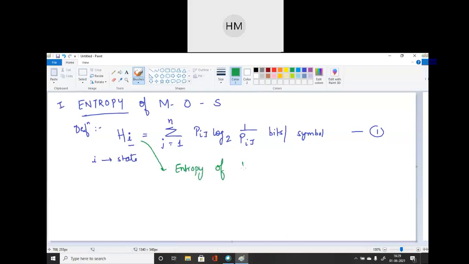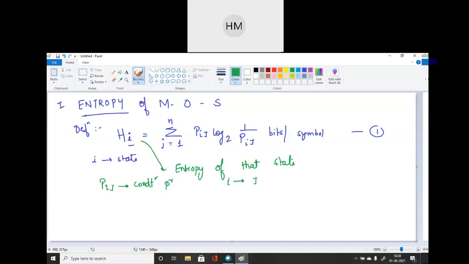Now what is Pij? You know what Pij is? Pij is a conditional probability, because it travels from one state to another state. Ij means transition from i state to j state.